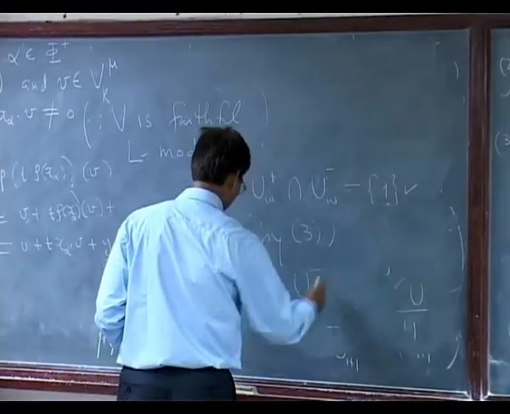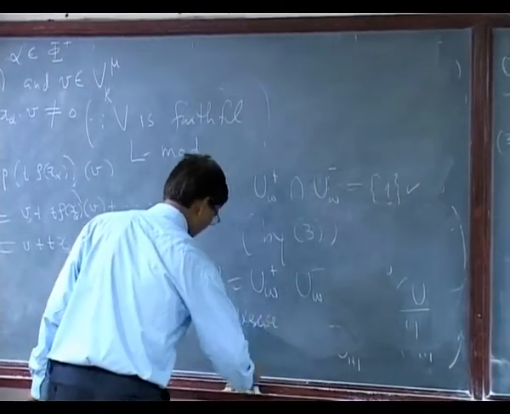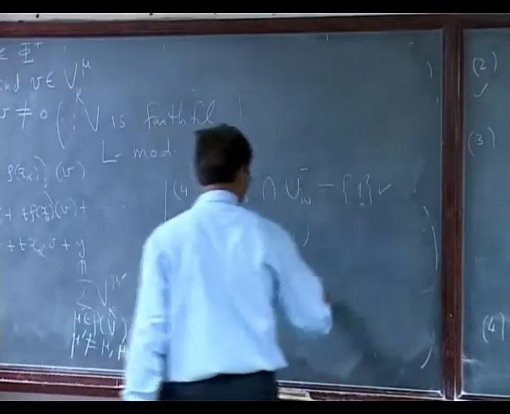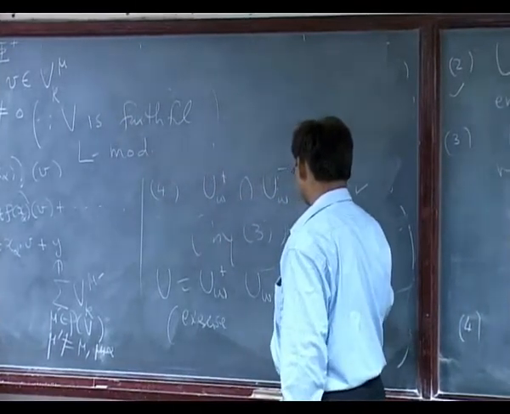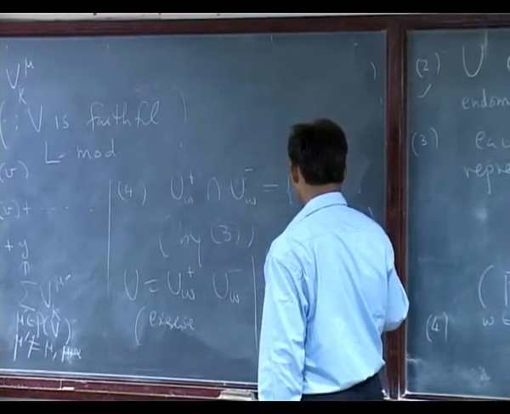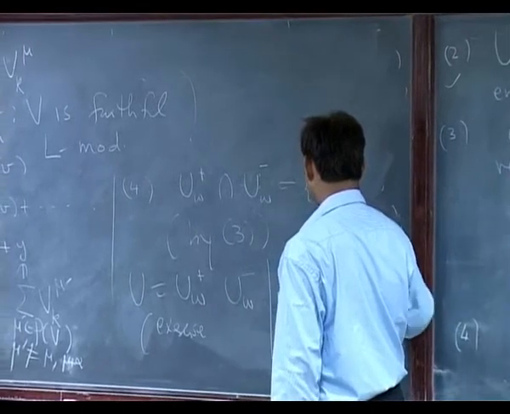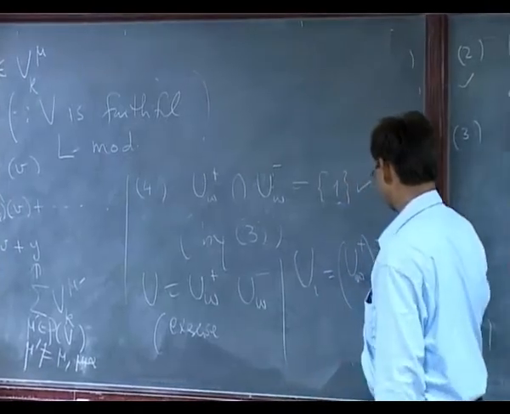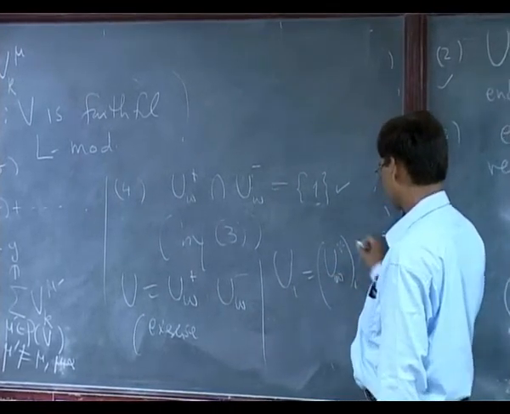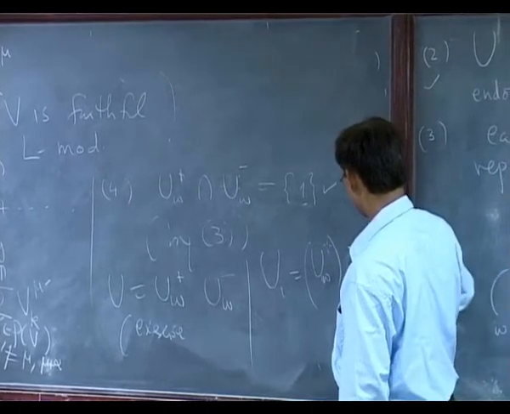And therefore U equals U_w+ times U_w-. This exercise you just apply induction on. You try to prove first that U_i is U_i+ times U_w_i+, and first you take the ith component, and then U_w_i-.